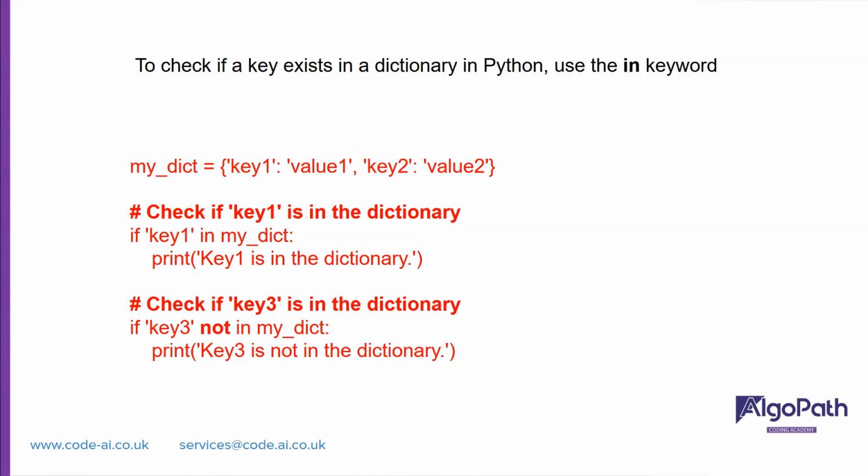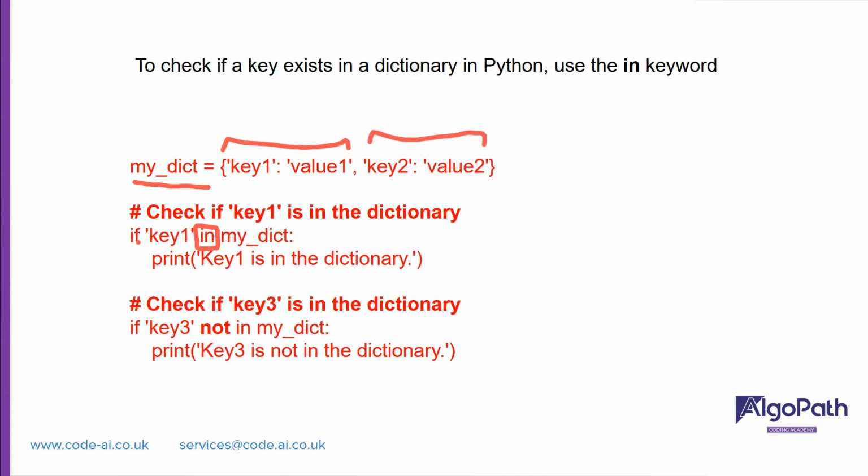Okay, quite often when working with dictionaries, we want to try to find out if something is in the dictionary, just like we're trying to look up a word, trying to find the meaning of it. In order to do that, we use the keyword in. So let's say I have a dictionary here, my dict, and here I have key 1, key 2, and so on.